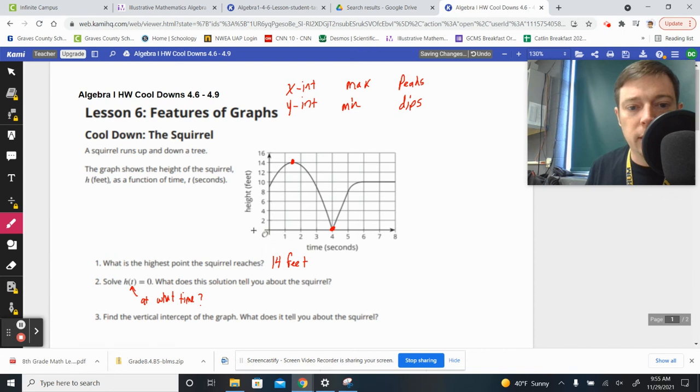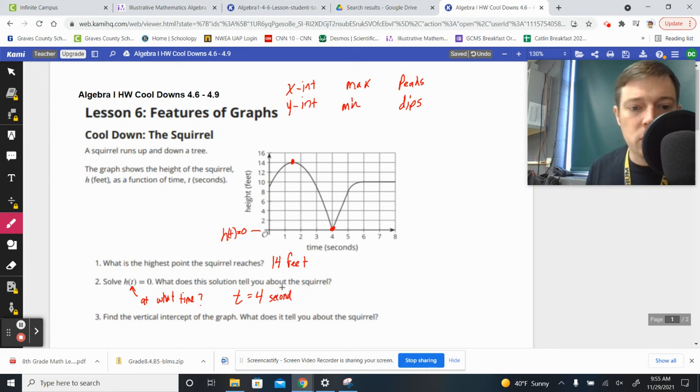This is when it is at 0. This is h of t equaling 0 along this x-axis. And it's also our x-intercept on the graph. It's also our minimum, our lowest point. And t is at 4 seconds when that happens.